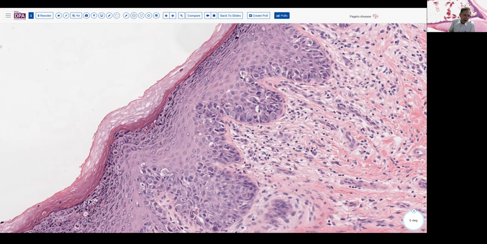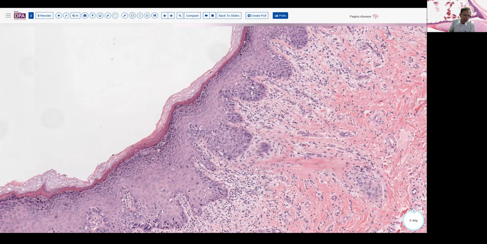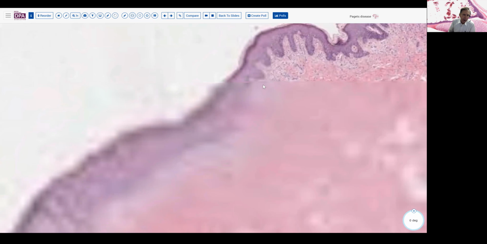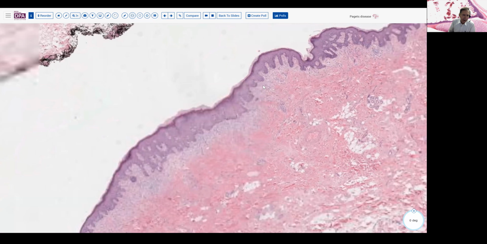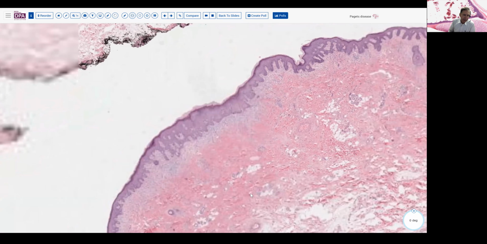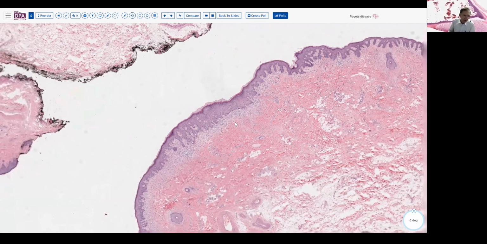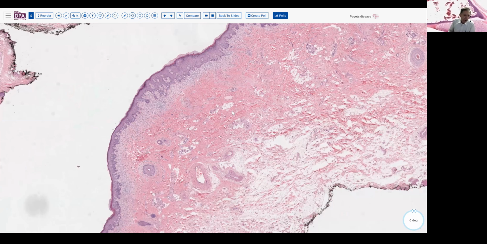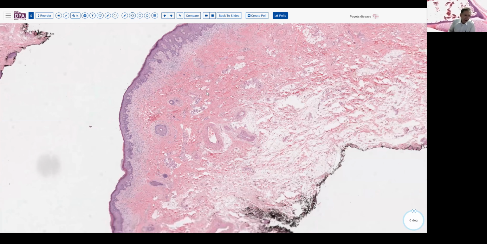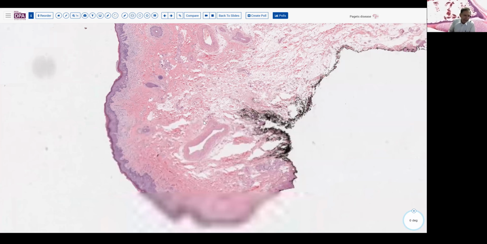Now, one of the challenges surgically for this disease is evaluating the margins. Because this is an in situ disease, they don't like to do radical surgery, so they tend to excise what they can see.